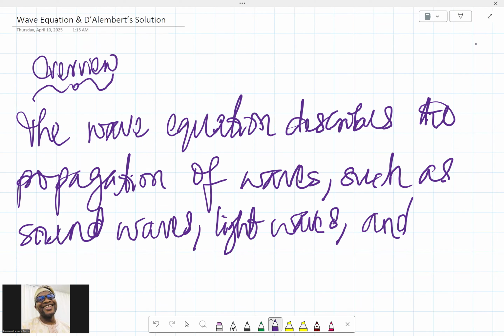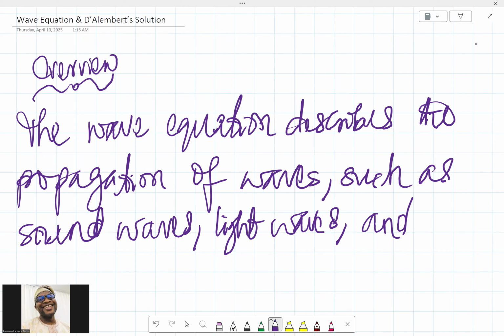Typically, two initial conditions are given. I think we've done this even when we did the separation of variables. We always have two initial conditions for a wave.